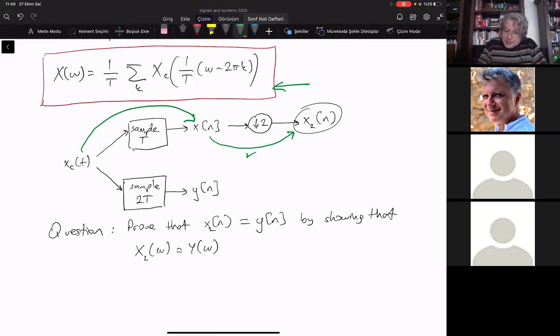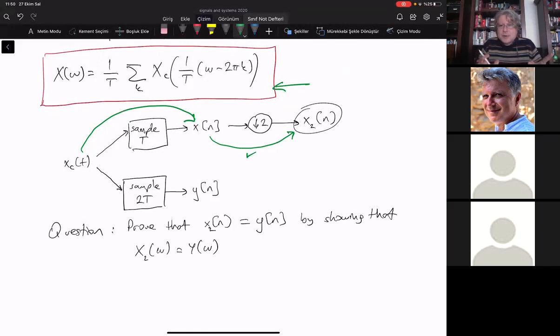So when you do it, you will already know how to do it. Find the Fourier transform of x2 of n and relate it to the Fourier transform of x of n, which is also related to the Fourier transform of x sub c of t. So you will find the formula of capital X sub 2 of omega in terms of x sub c of omega.